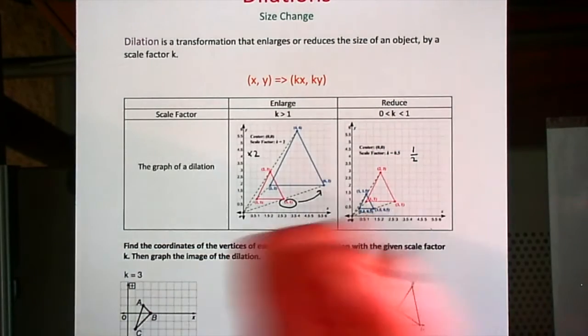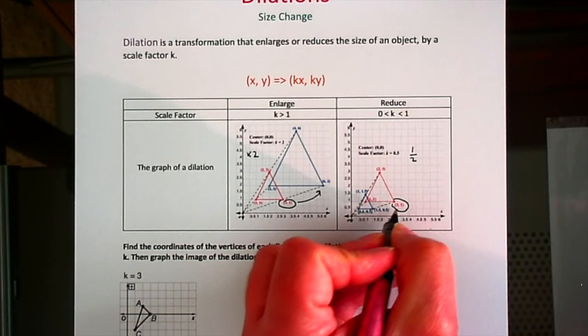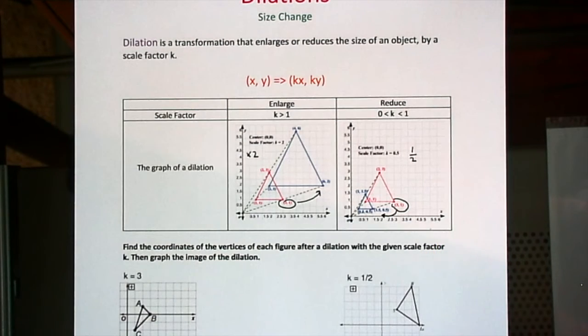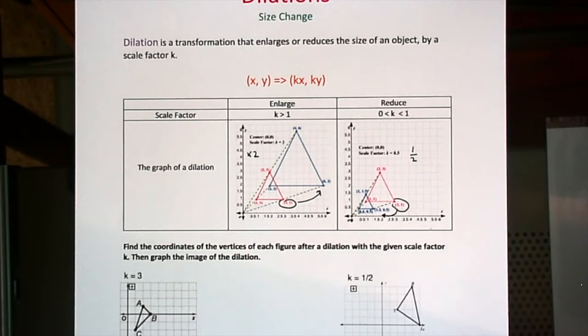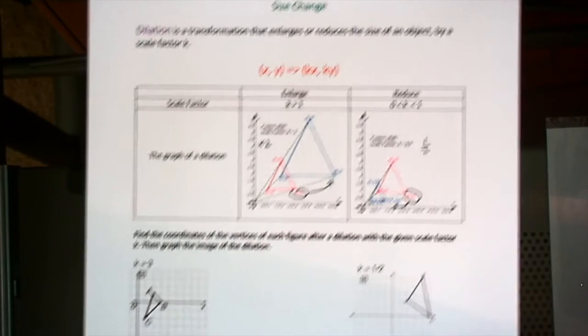So here they took every one of these and multiplied it by 1/2 to get there. They shrunk the object. So when we're doing the scale factor, we're either going to enlarge it or shrink it. Again, you enlarge when you multiply by something bigger than 1. You shrink it when you multiply by something smaller than 1, but also bigger than 0.